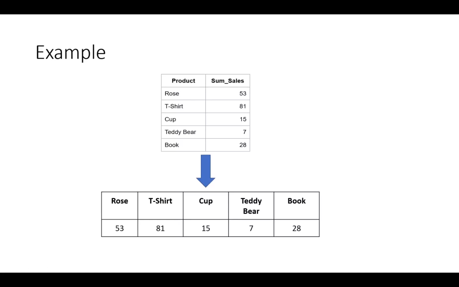So why pivot? Why would you use pivot? The answer is right there: so that we can look at the data from a different vantage point, so that the data gives us a more meaningful picture and tells us a story. It helps us make better decisions, and make them quickly, because at a glance I can see that my best selling product is actually a t-shirt, and my worst selling product is a soft toy, teddy bears.